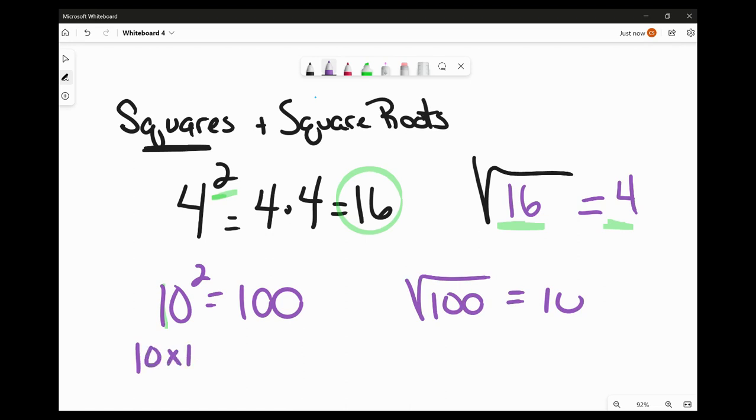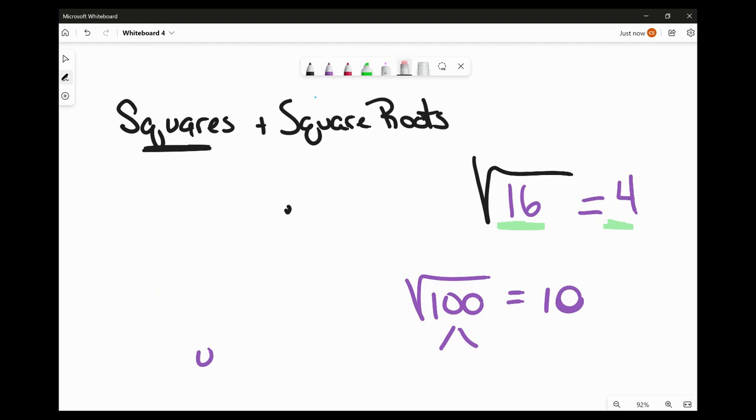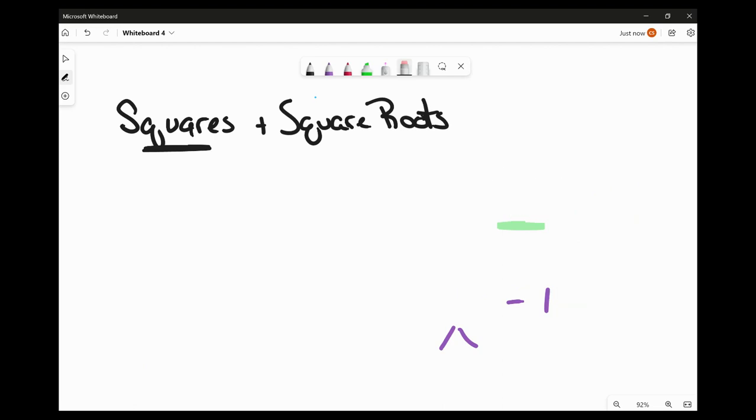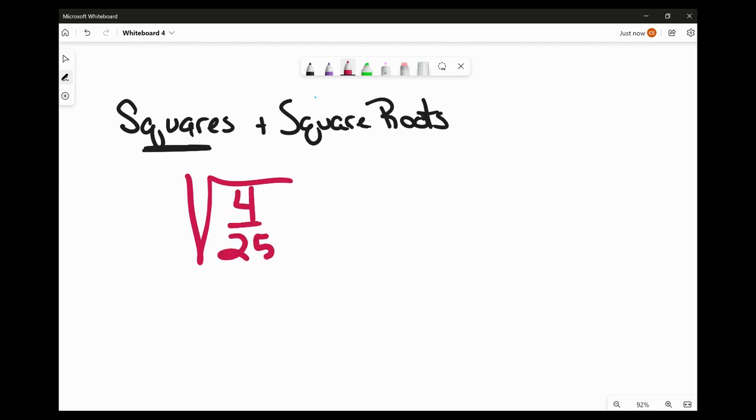So this means 10 times 10, and this one here means what number times itself gives me 100. Okay, and so they're opposite operations. Okay, so let's talk about finding the square root of something if it's in fraction form. All right, so we might have the square root of 4 over 25.